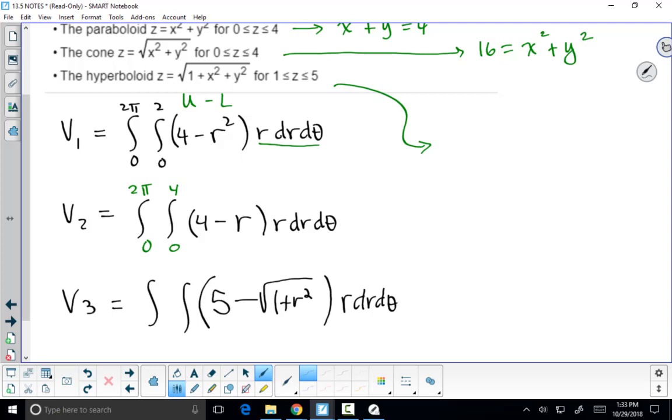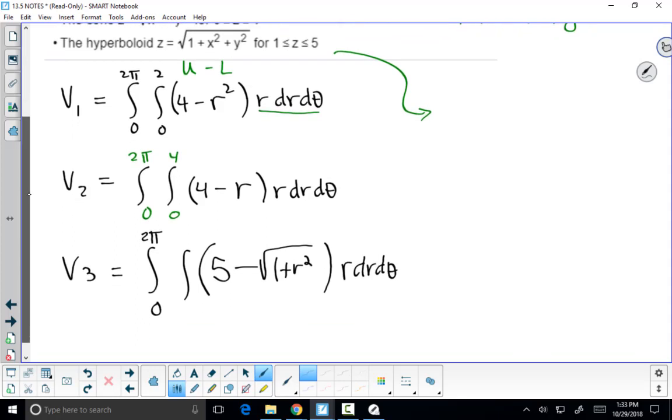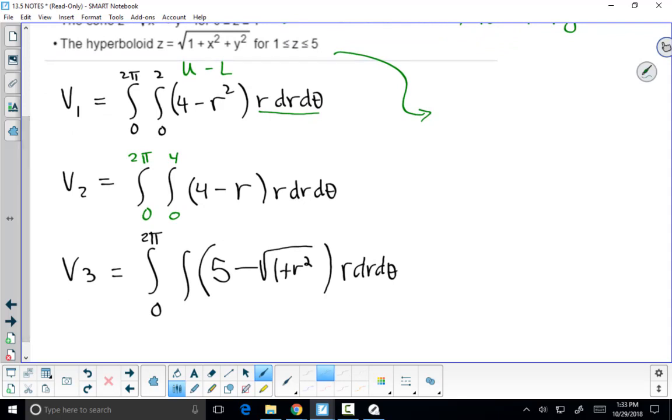And now our limits of integration, the easy ones first. Why don't we just solve that to be, hold on, 5 minus the square root of 1 plus r squared equals 0? So we're going to square both sides, and we get 25 equals 1 plus r squared.